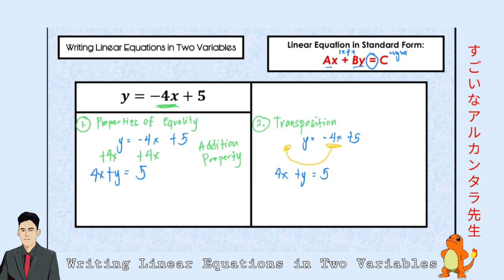So this is the note that I wish for everybody to take. When transposing or transferring, there are two words there. Sometimes I use transfer, sometimes I use transpose, but they're the same concept. So when transposing, the sign changes.